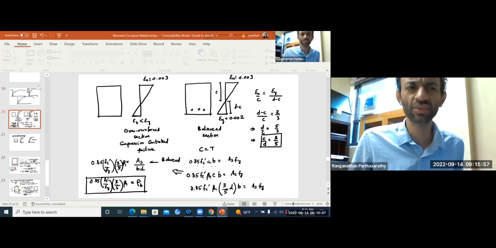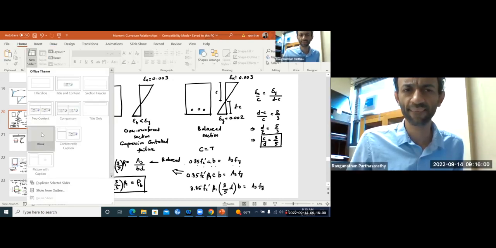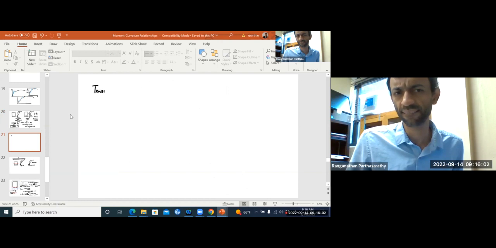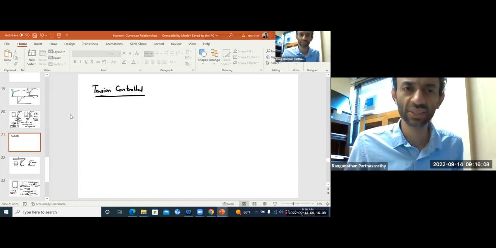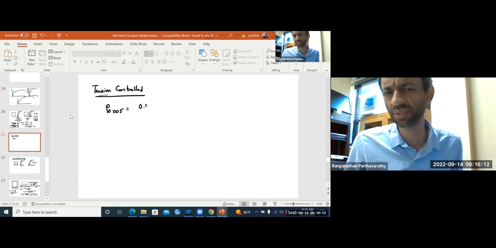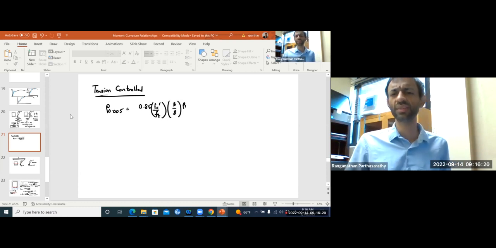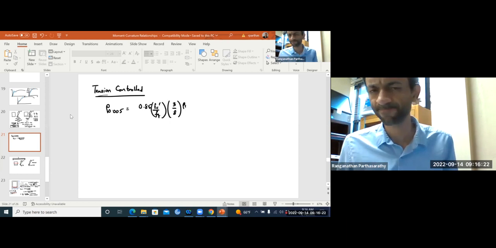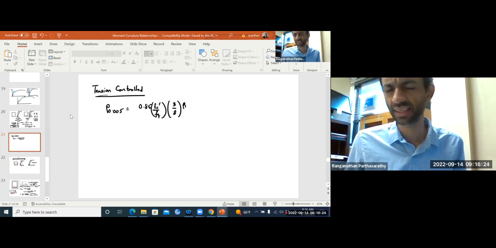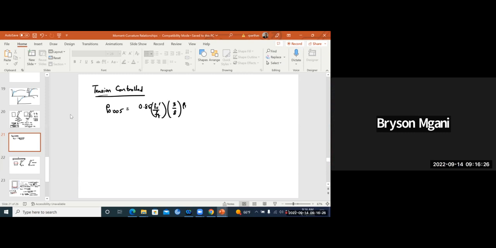Now for tension control, with 0.005, everything remains the same, 0.85 f'c over fy, but now you have 3/8 here and then beta 1. Is it clear? Okay.